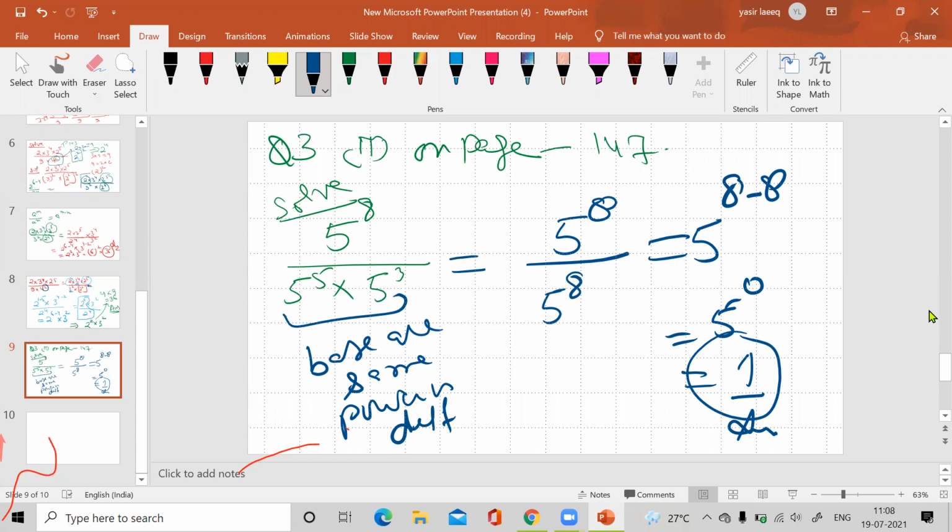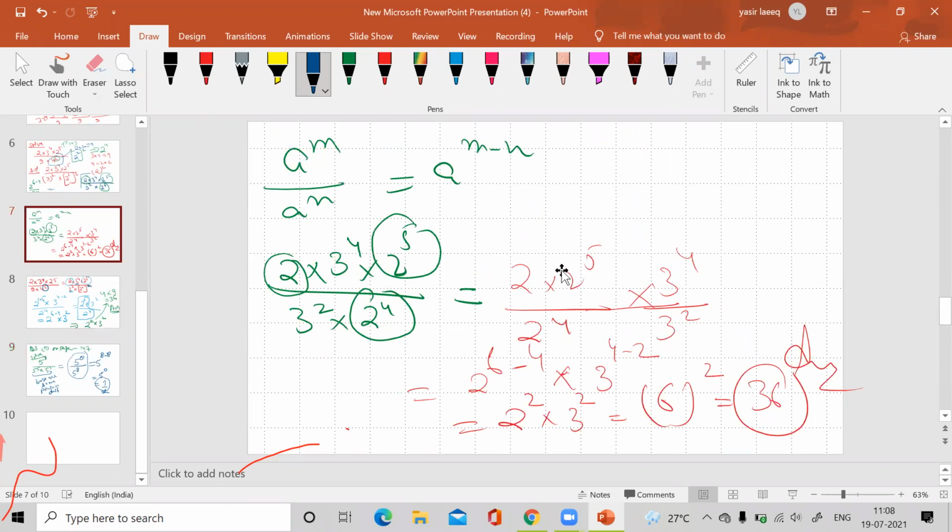This is division, so we will subtract. Sir, if we multiply 5 power 8 by 5 power 8, it would be 5 power 16. Yes. See here, this is the case of multiplication, so we are adding it.